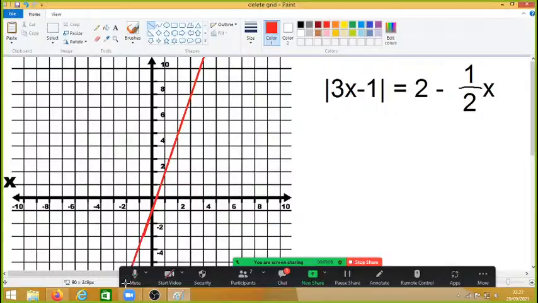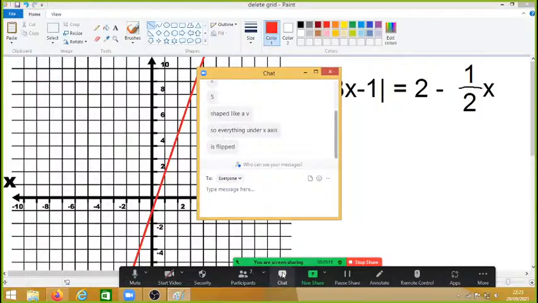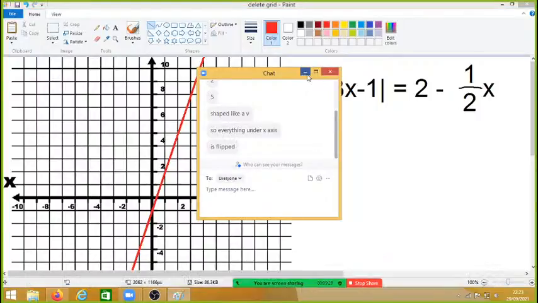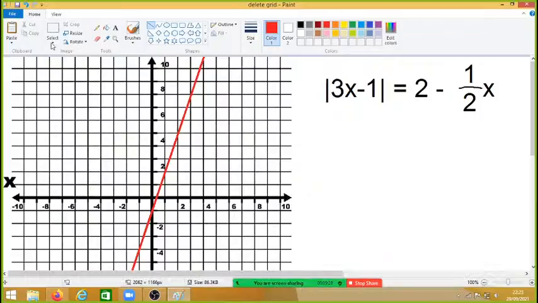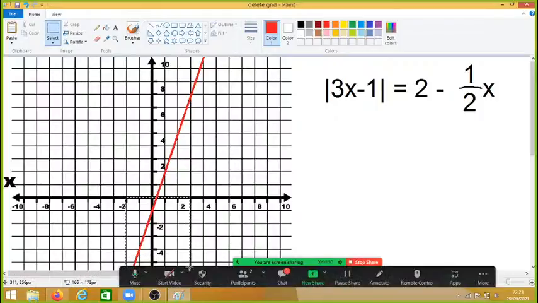You can't just draw a V anywhere. Which part becomes the V? Good, everything under the x-axis. So we're going to grab some kind of mirror function, and we're just going to draw the mirror image.